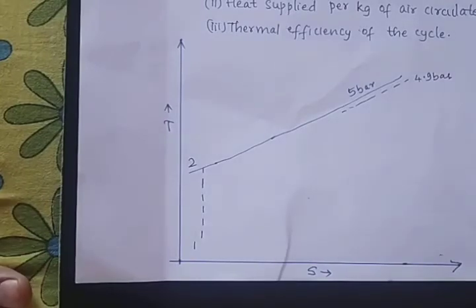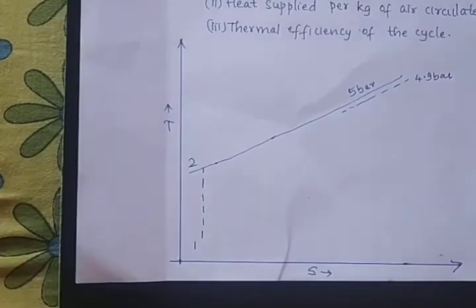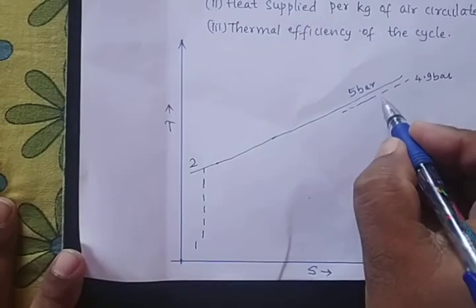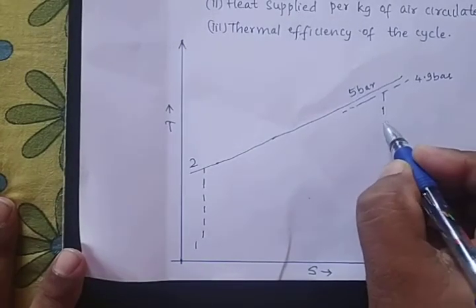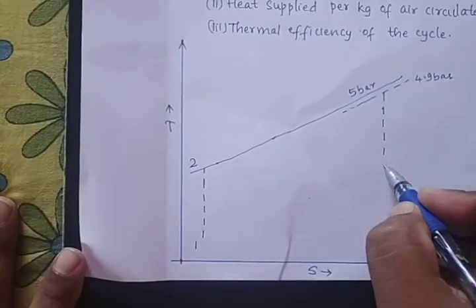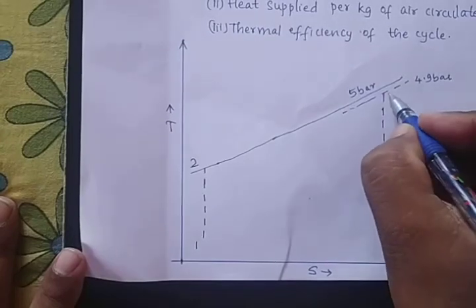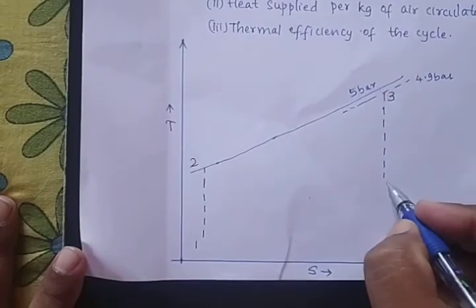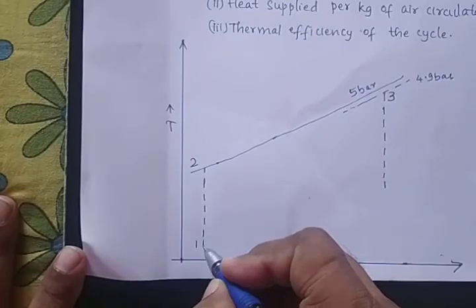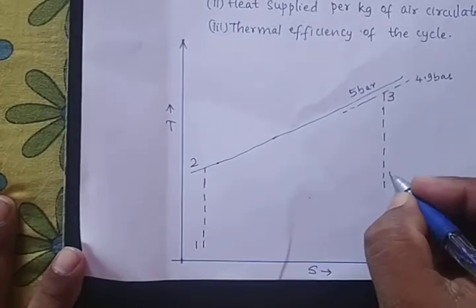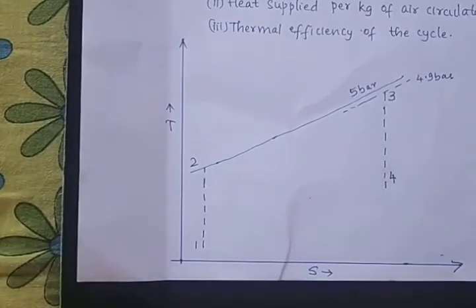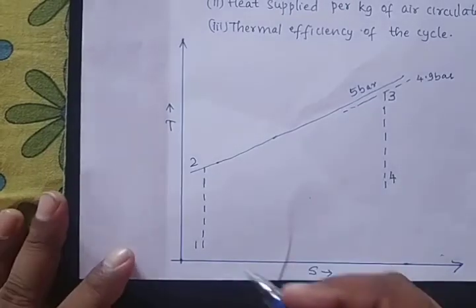So from here the expansion takes place. So I will now show the ideal expansion process, that is from 3 to 4, and then we will take the actual expansion process.